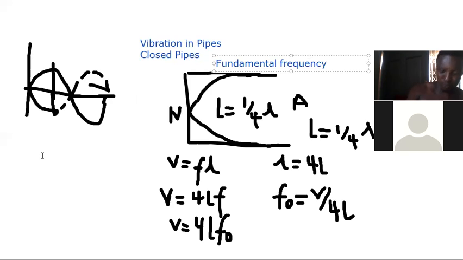Now let's look out for the first overtone. I'm talking about the first overtone. With the first overtone, that will be an upgrade. So the first overtone is like this.